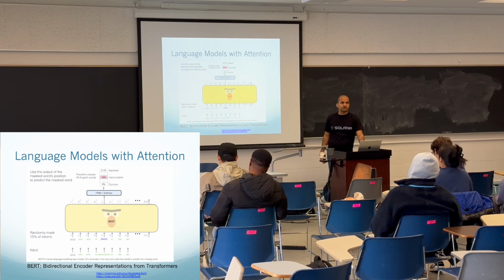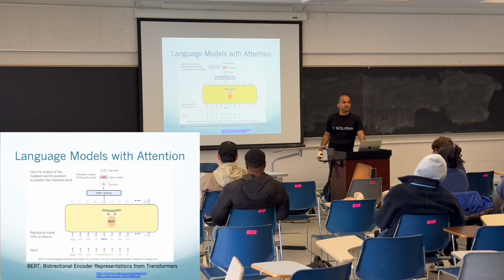After this was introduced, there were multiple architectures that came up which used this transformer. One of them is BERT, which is still very popular in industry for getting text embeddings and doing all sorts of stuff like search and whatnot.